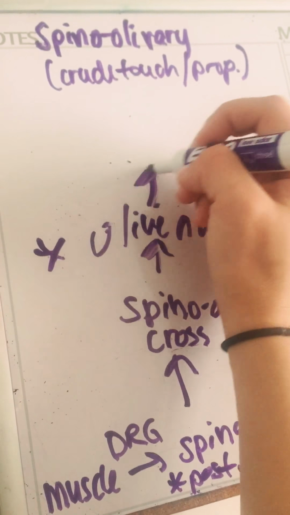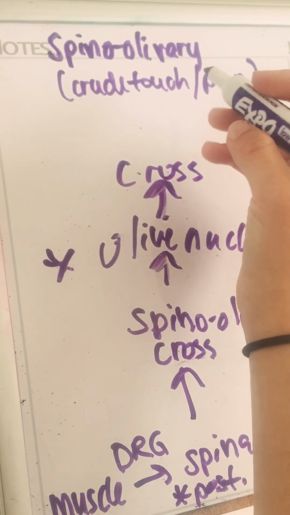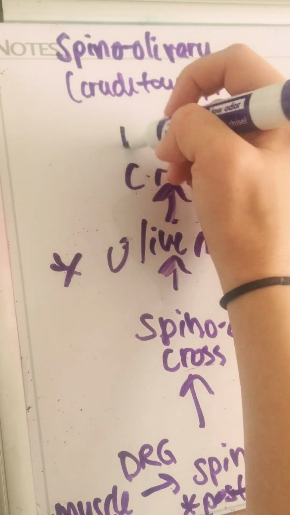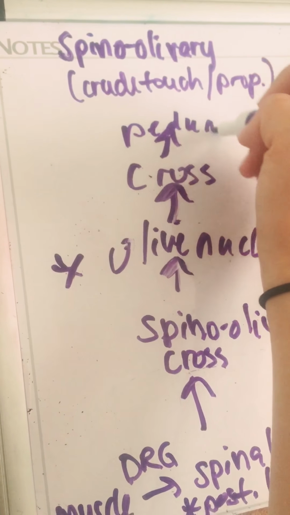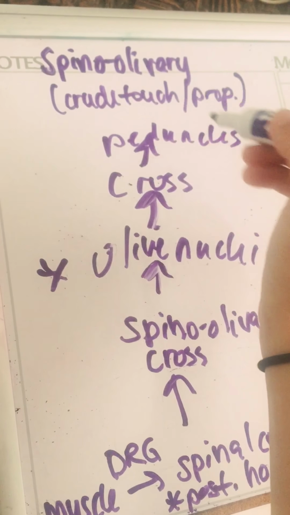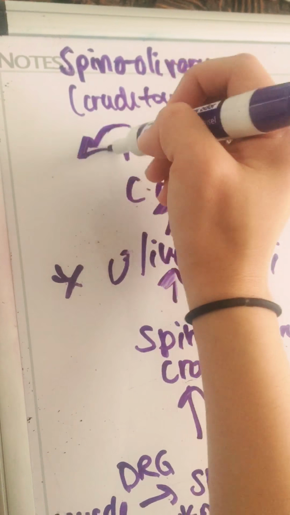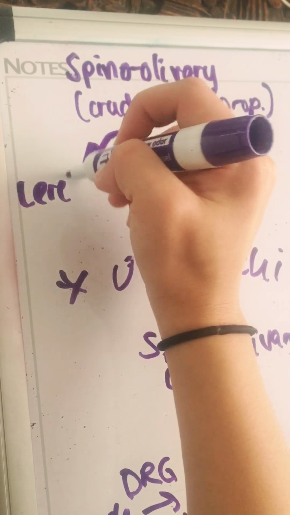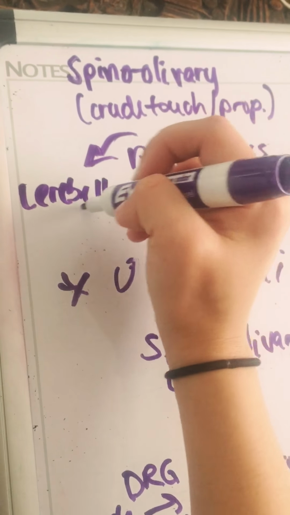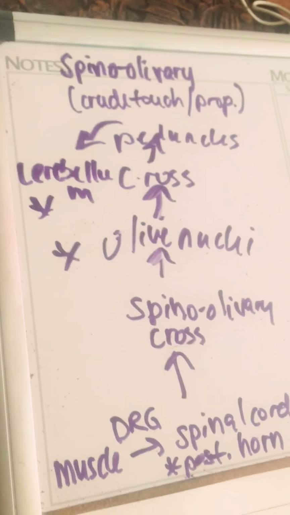So it once again crosses, or decussates, goes into the peduncles, in the medulla, in the pons, once again kind of like the spinocerebellar. And this one also goes to the cerebellum and will synapse again in the cerebellum. This one's a little bit more messy.